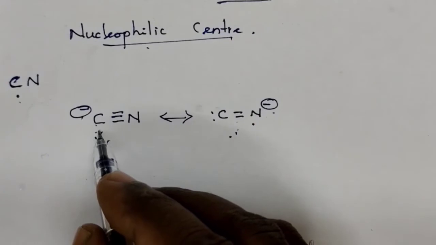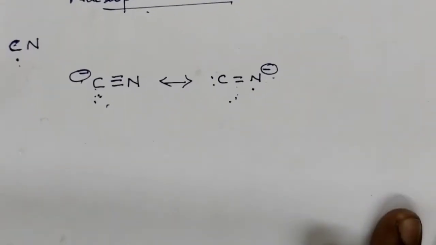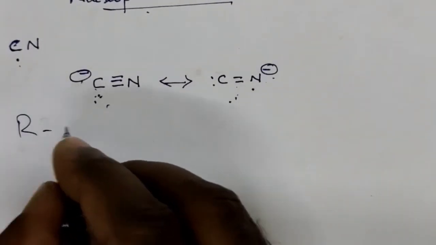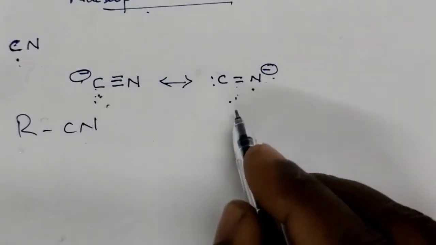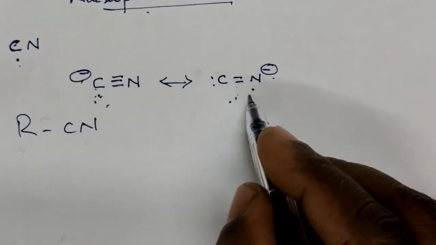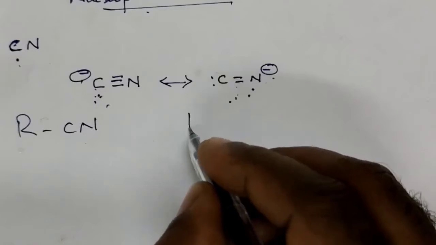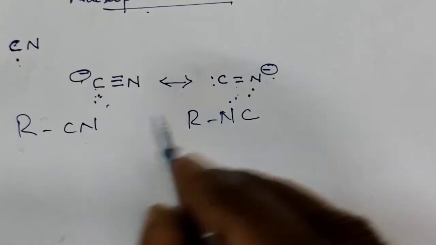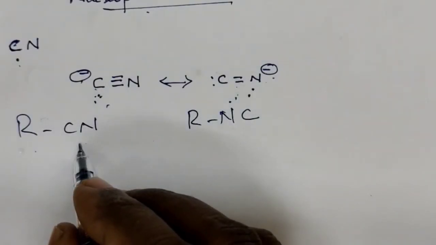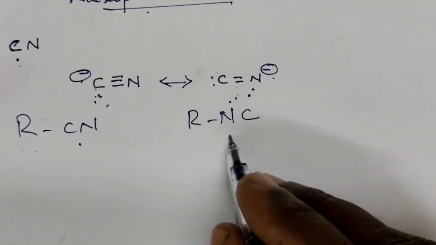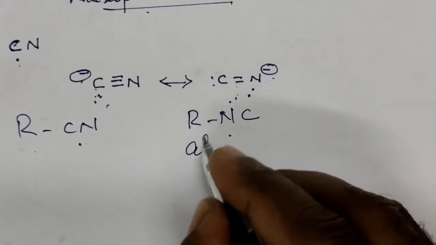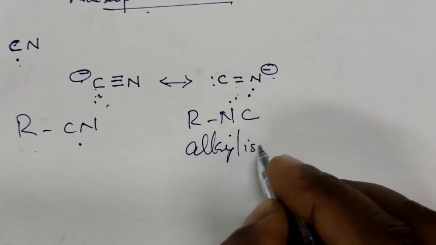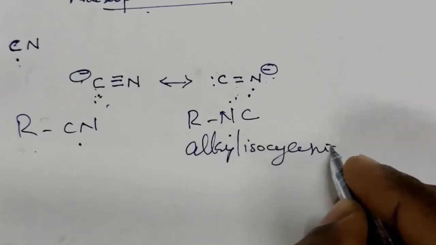Suppose carbon acts as the nucleophilic center, then the product we get is RCN. Suppose N acts as the nucleophilic center, we get RNC. RCN means alkyl cyanide, and RNC means alkyl isocyanide.